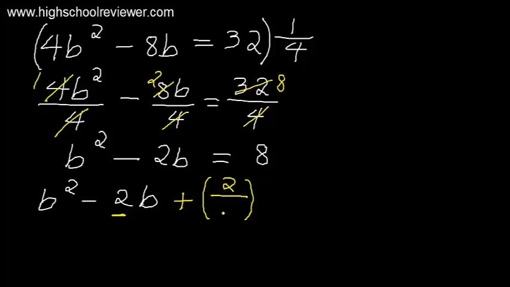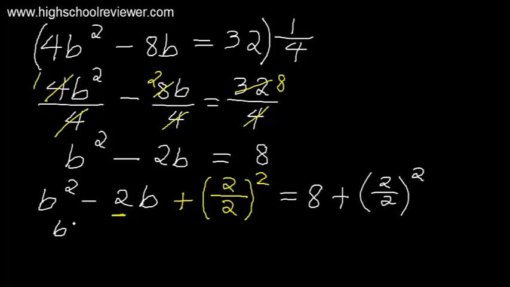And then the denominator will be the constant number 2. Now we have to raise this to the power of 2. Now whatever is added on the left side must also be added on the right side. So we have here 8 plus 2 over 2 raised to the power of 2.